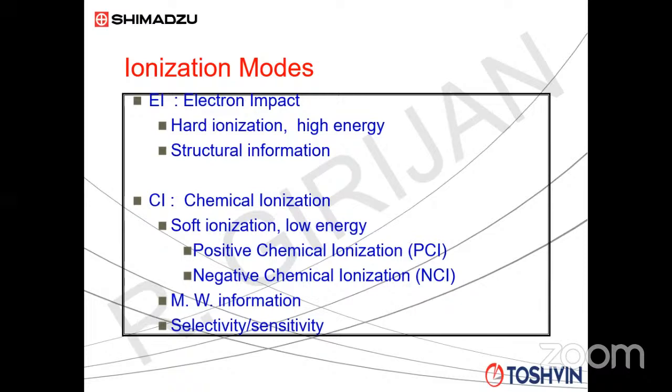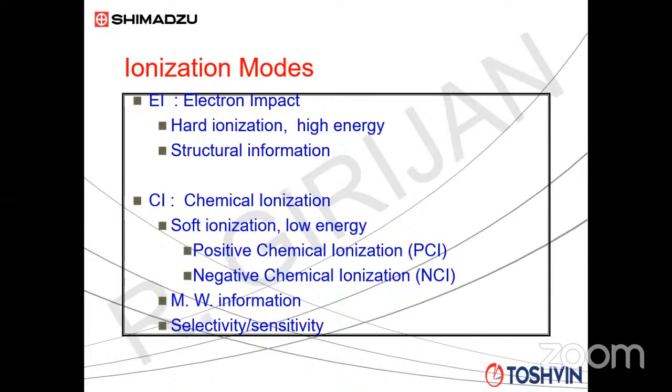Now NCI, negative chemical ionization, is only for the trace analysis of electrophilic compounds. When I talked about GC, I mentioned one detector, the electron capture detector, which contains a radioactive isotope. Extremely powerful for the trace analysis of electrophilic compounds, any compound which has an affinity for electrons, which can attract electrons. The same type of compounds can be analyzed in GCMS with the help of NCI mode, negative chemical ionization mode.